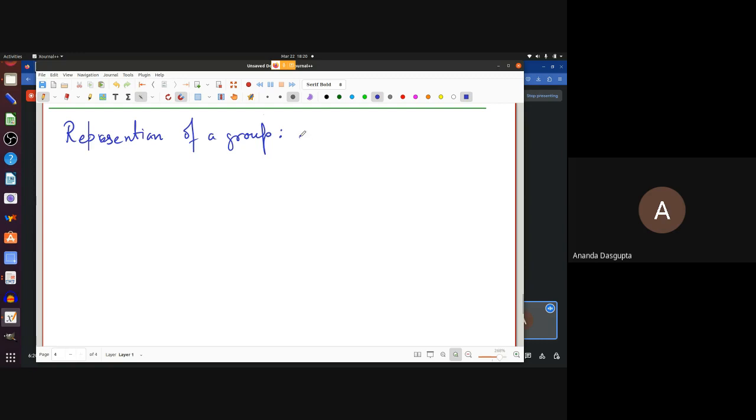What is it? It's a homomorphism. A representation of group G is a homomorphism from G to the set of invertible linear operators, GL(V), where V is some vector space, right?